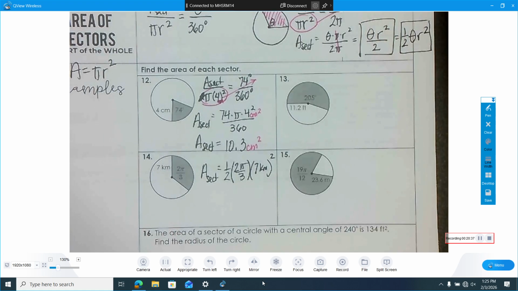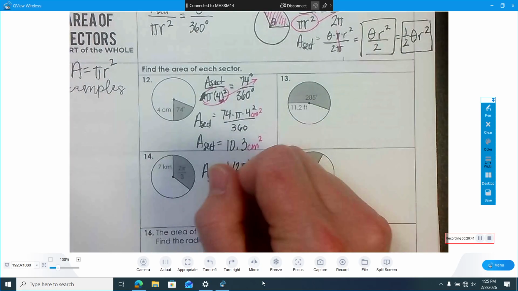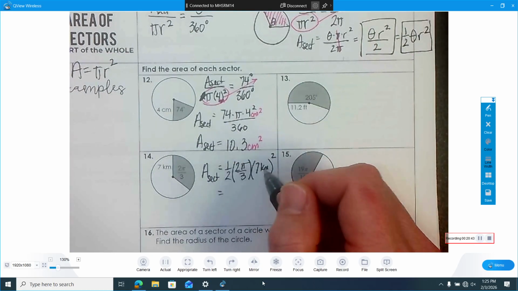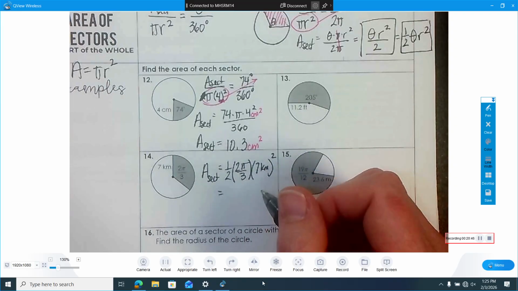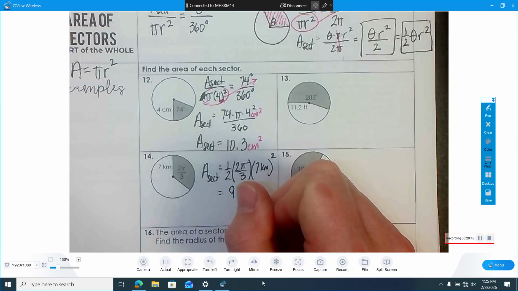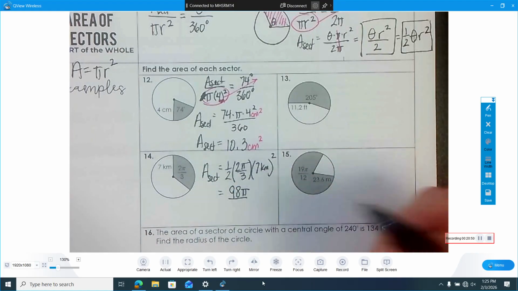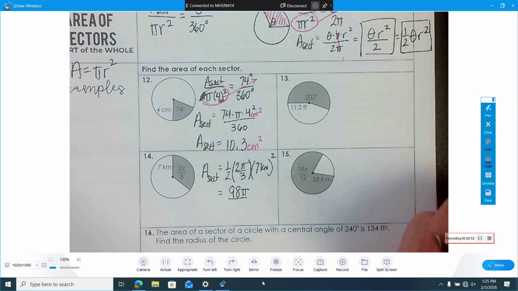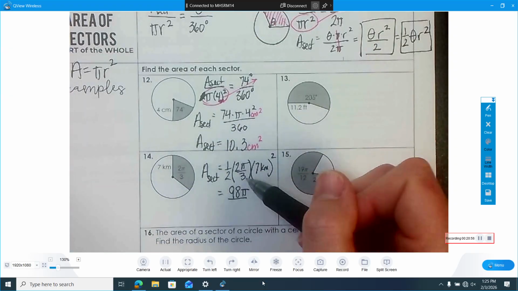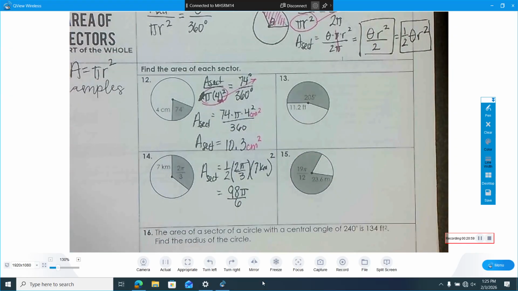Type it in the calculator, but this one's all fractions. Well, that's just 49. 49 times 2 is 98, and then on the bottom, 2 times 3 is 6. Could you just use your calculator?